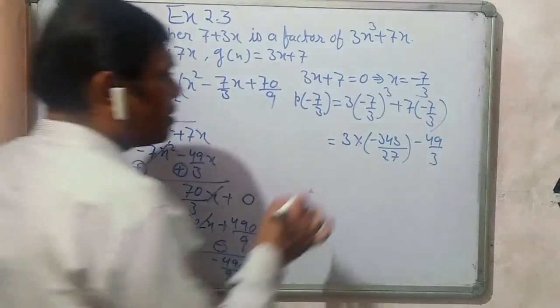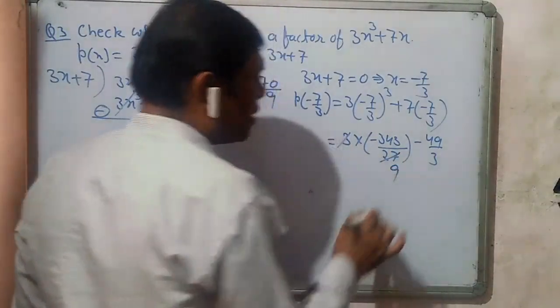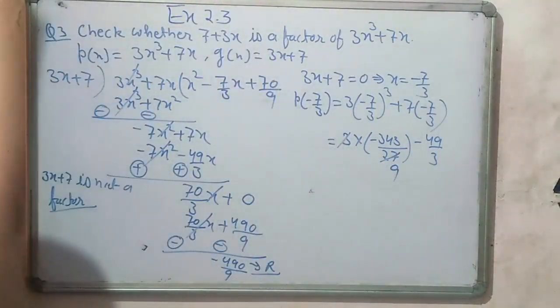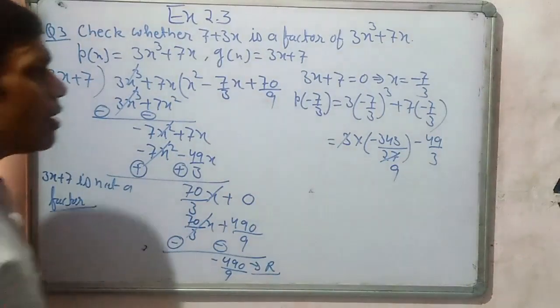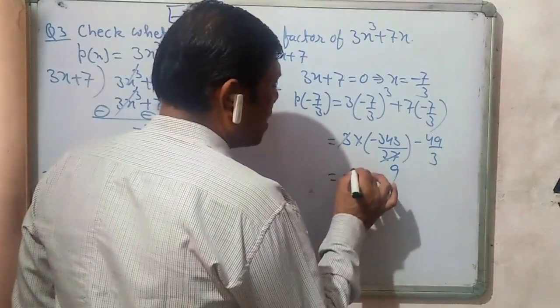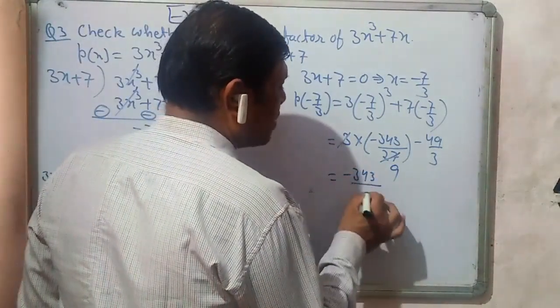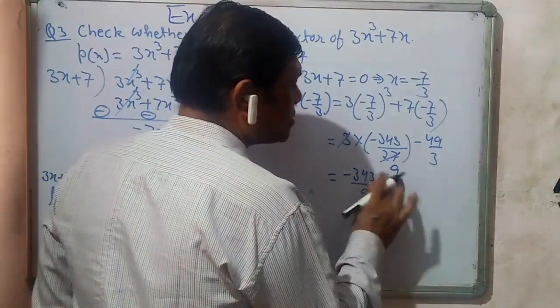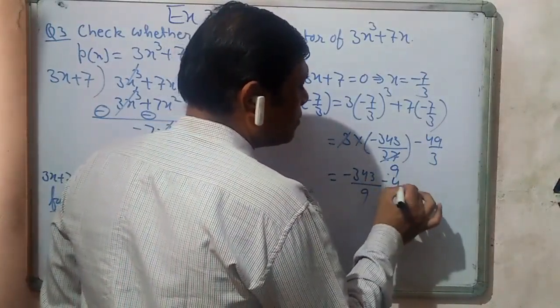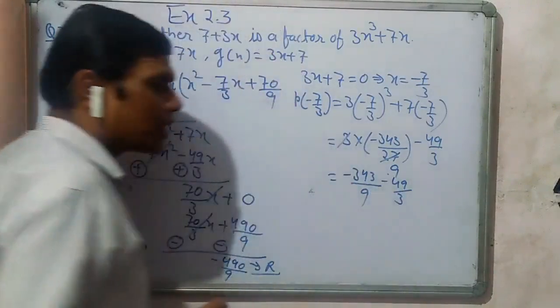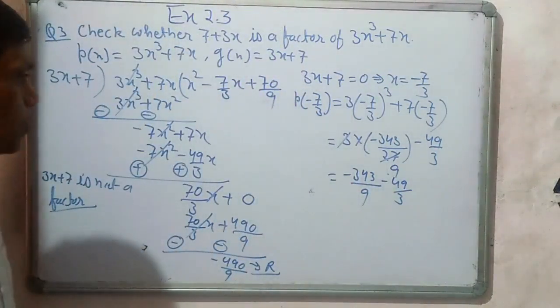Okay? Nines. What we are getting is minus 343 upon 9 minus 49 upon 3. Right?